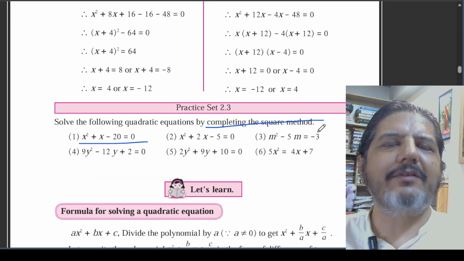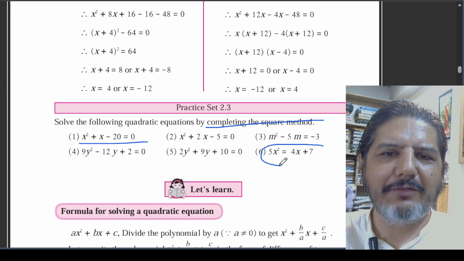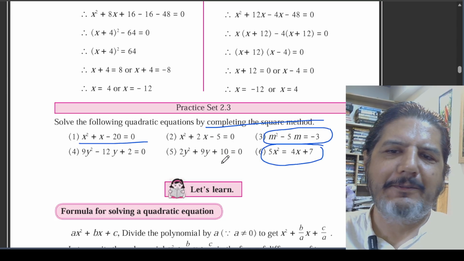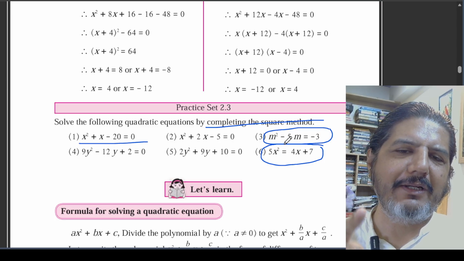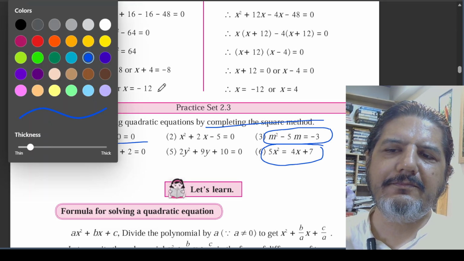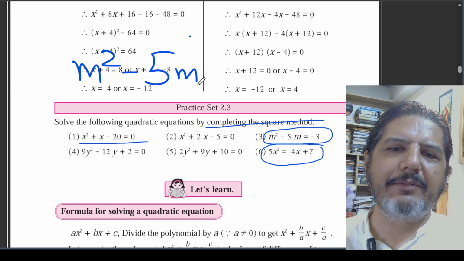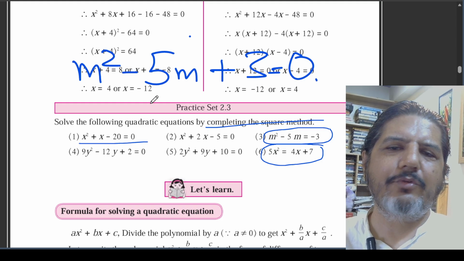But usually in exams, teachers tend to put the equation in a format like this, so you'll have to take care of that. For example, if the equation is m square minus 5m minus 3, then the general form would be m square minus 5m plus 3 is equal to 0. Another example: 5x square is equal to 4x plus 7.